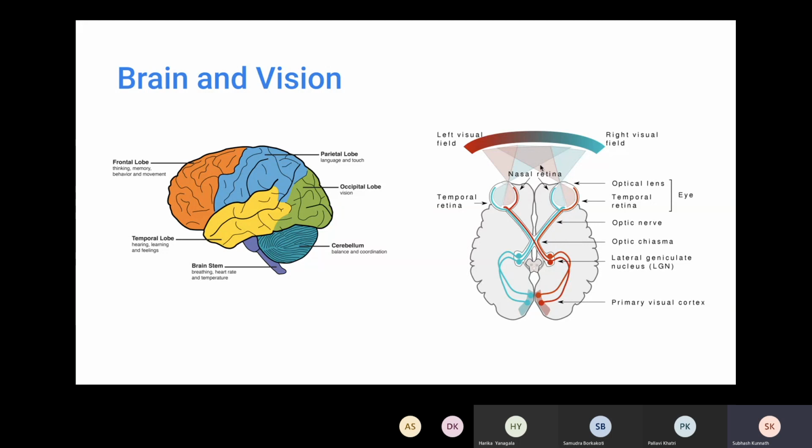And it's interesting that the right visual field is processed at the left side of the brain, and the left visual field is processed at the right side of the brain. So it's been seen in cases where some lesion or damage happens to this side of the brain, you lose half the vision. If it's happening in the left, you lose the right visual field. You only see half the visual field.